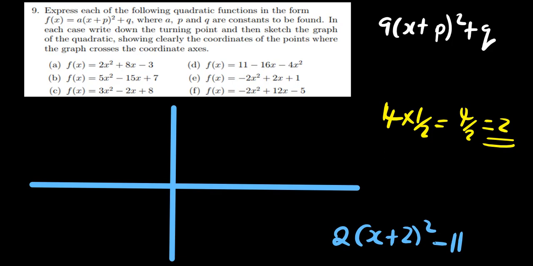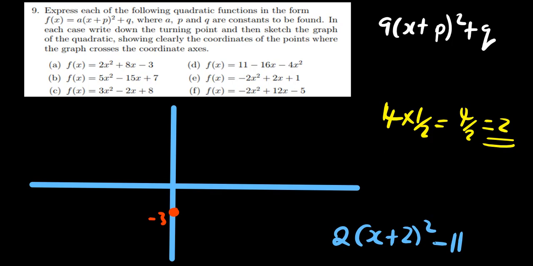We also have to find where it's going to cut the x-axis and the y-axis. So for us to find where it's going to cut the y-axis, just wherever there's x, put 0. So if it's 0, there's 0 here, you're just going to remain with a -3. Okay, so let's say our -3 is here. That's one of the points where it cuts the y-axis.